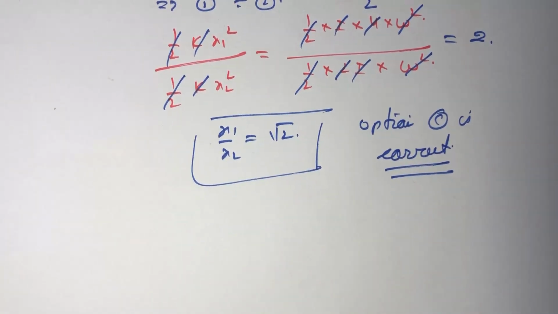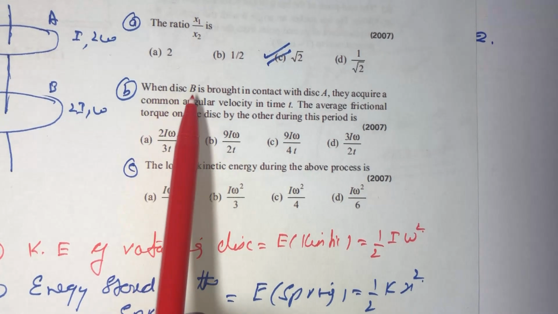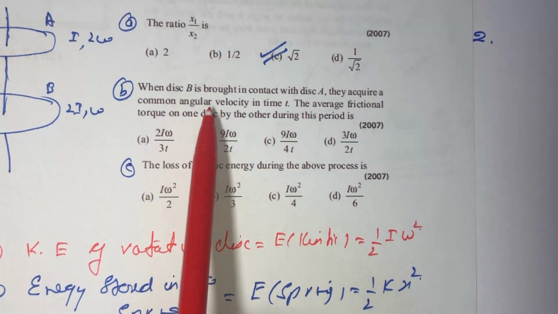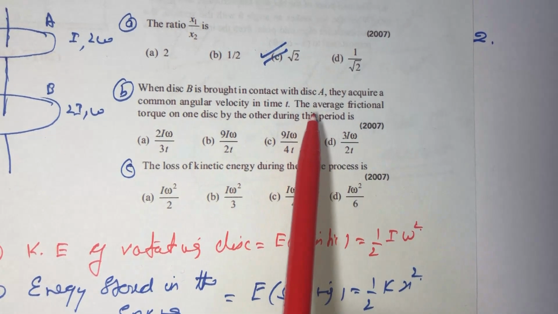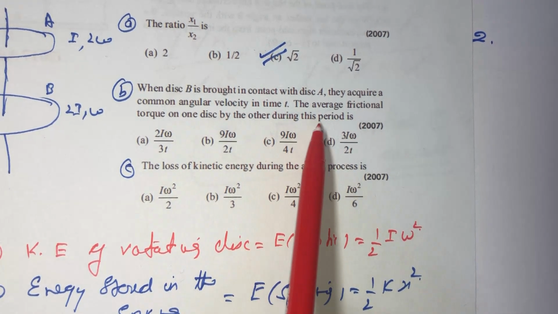Now let us solve for B, and it says that when B is brought in contact with disk A, they acquire a common angular velocity in time t. The average frictional torque on one disk by the other during this period is.